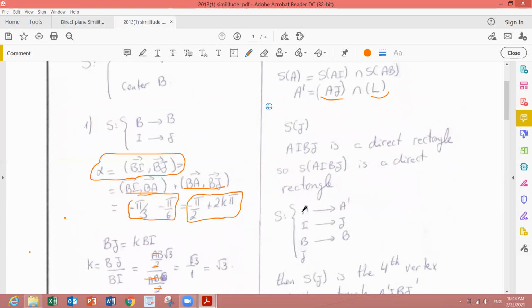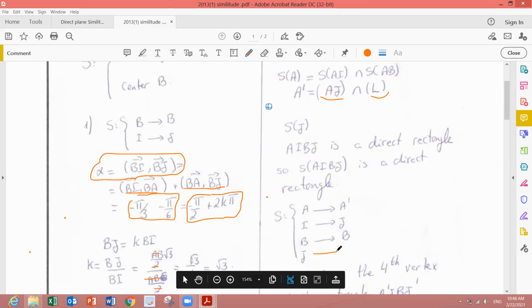A into A prime, I into J, B onto B. I need to find J onto which one?